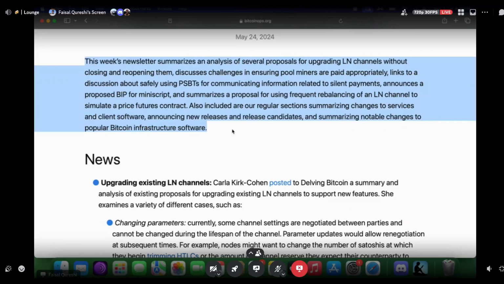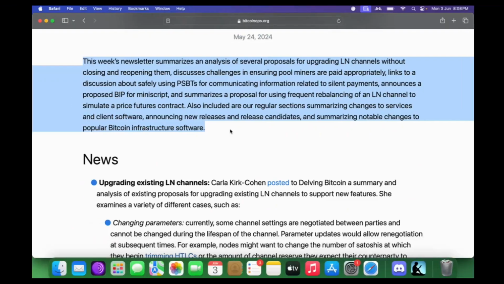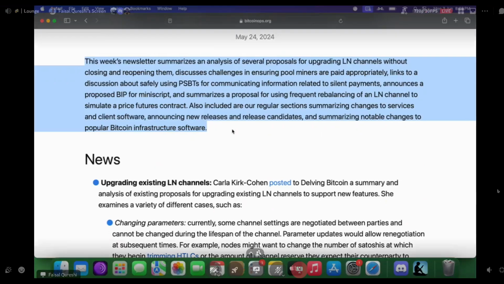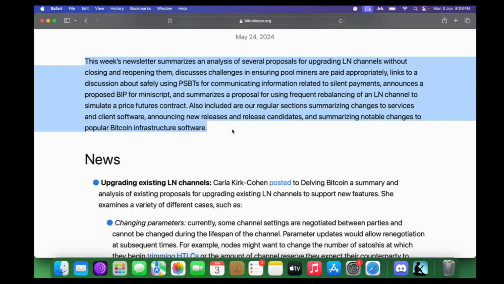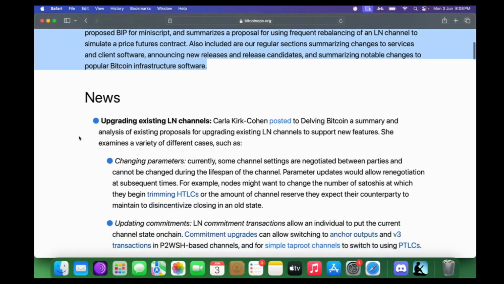Also included are our regular sections summarizing changes to services and client software, announcing new releases and release candidates, and summarizing notable changes to popular Bitcoin infrastructure software. Starting with the news section.